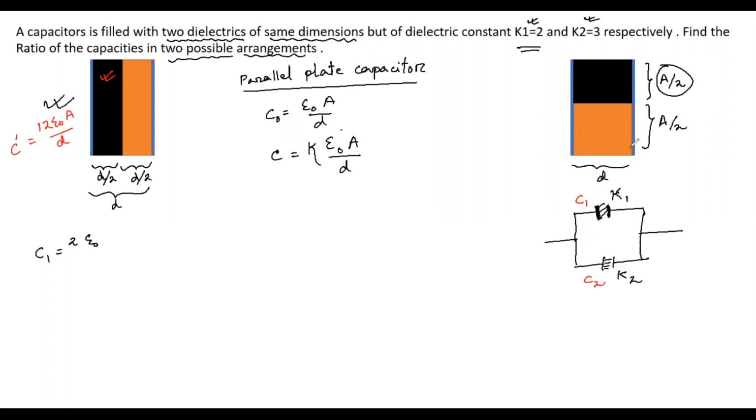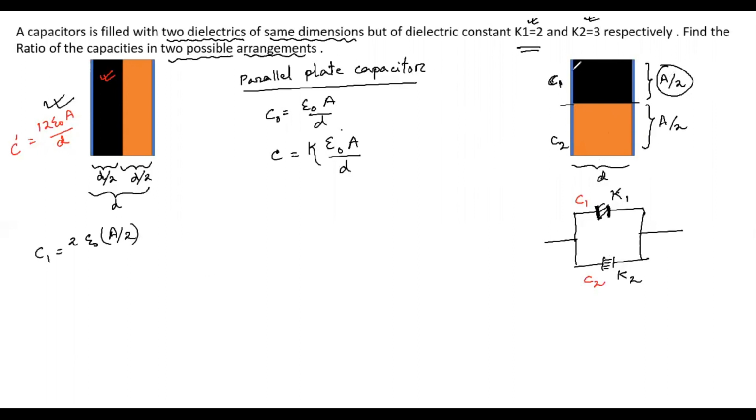But since this dielectric has thickness d, the separation between these two metal plates will be d only. That has not changed. Only the area of this metal plate has changed to A by 2. So instead of A, we will put A by 2. Remember, A is the area of the metal plates. But since we have divided the metal plates into two parts, it is nothing but a parallel combination of two different capacitors. The upper one is capacitor C1, and the lower one is capacitor C2. This is how we are going to solve it.